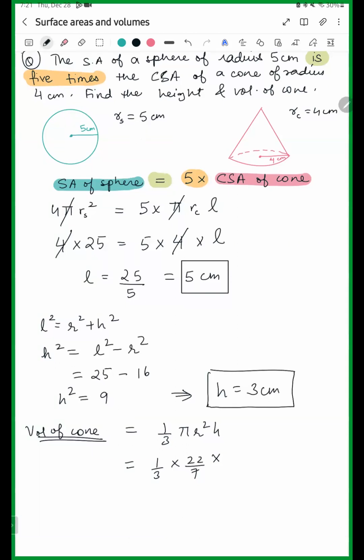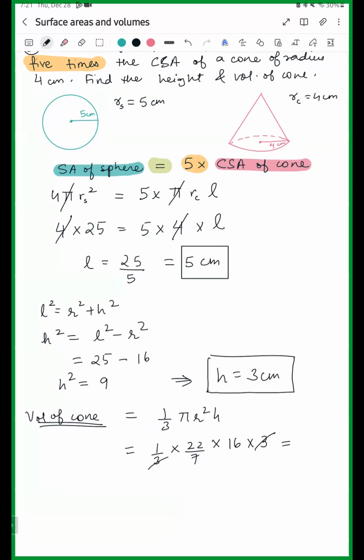Don't take the radius of the sphere by mistake. So 50.28 centimeter cube.